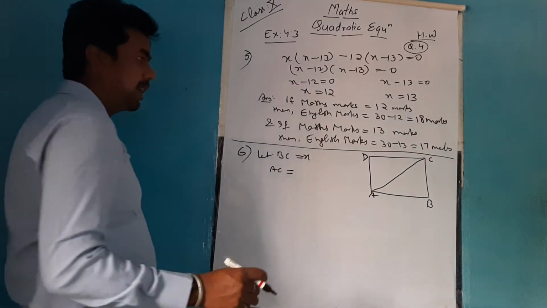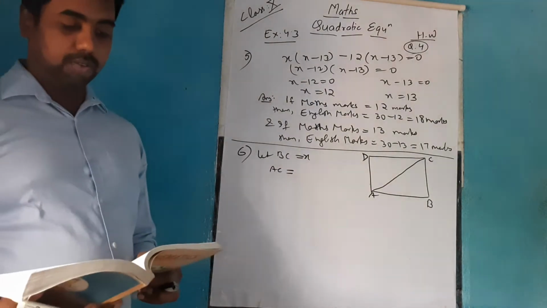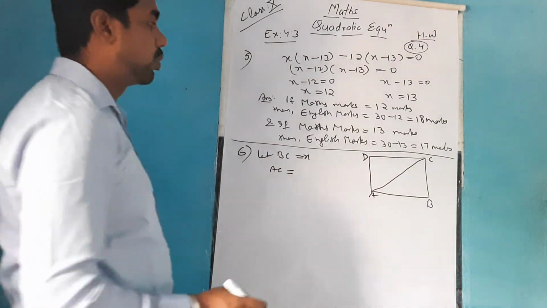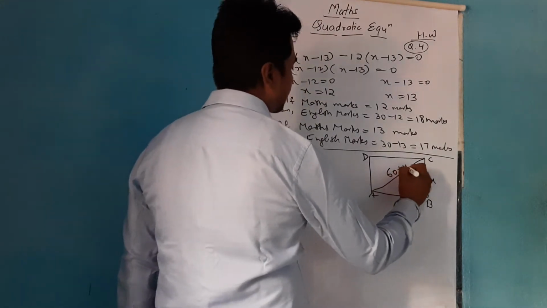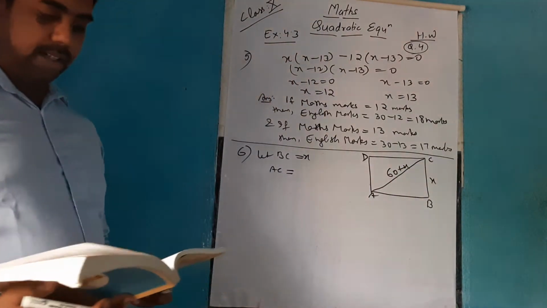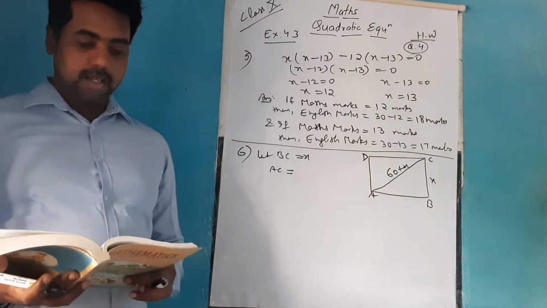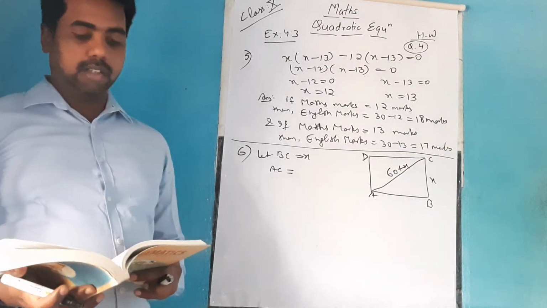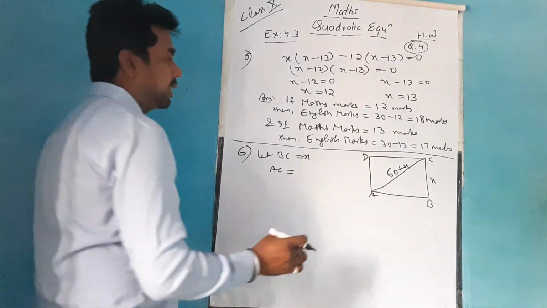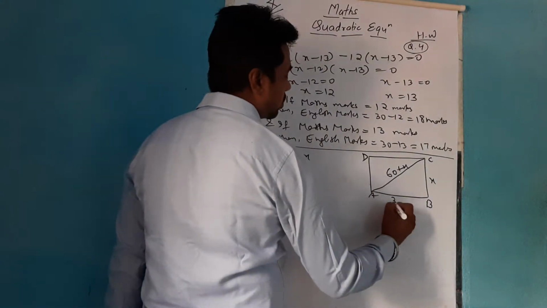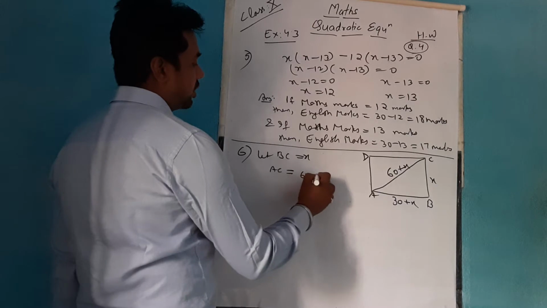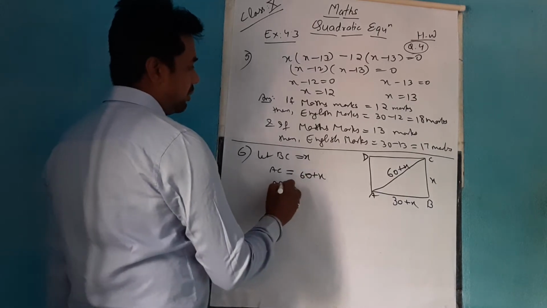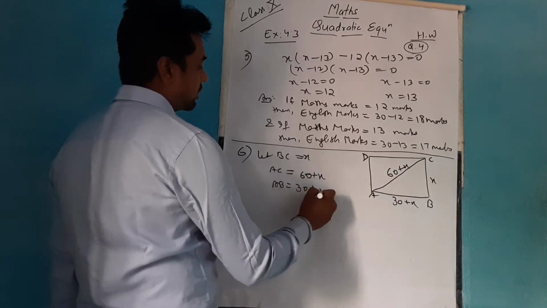Then AC, as it is given that the length of the diagonal is 60 meter more than the shorter side, will be 60 plus x. And it is also given that the longer side is 30 meter more than the shorter side. So AC is 60 plus x and AB will be 30 plus x.